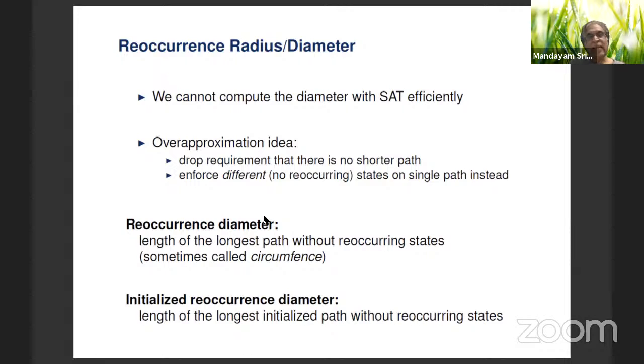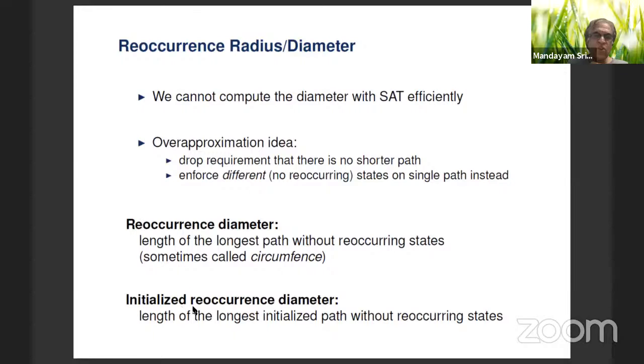Since computing the initialized diameter is very hard, because it requires solving nested quantified Boolean formulas, there is a looser bound that is easier to compute as a SAT problem. And this one is called the recurrence diameter, okay?